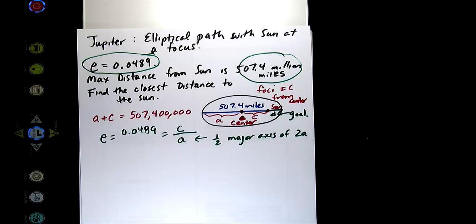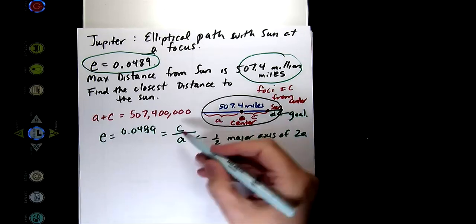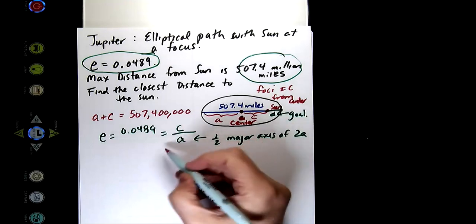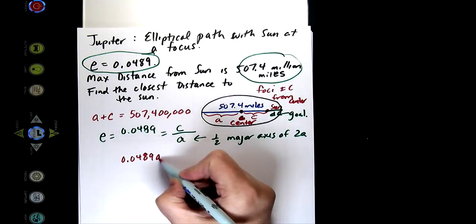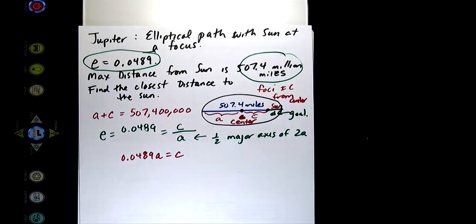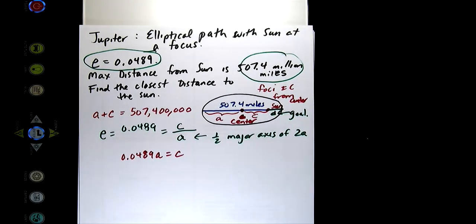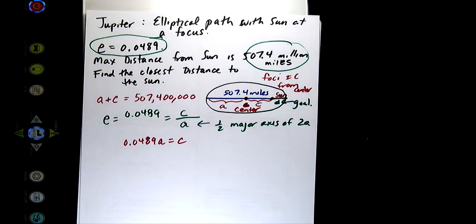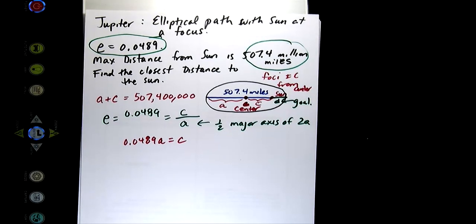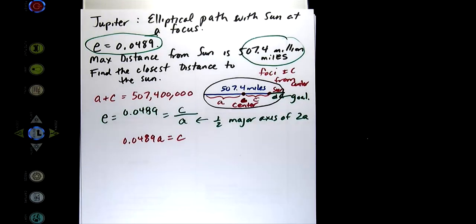Well, I can use this and clear the fraction and get 0.0489 A equals C. And now I have two equations and two unknowns.